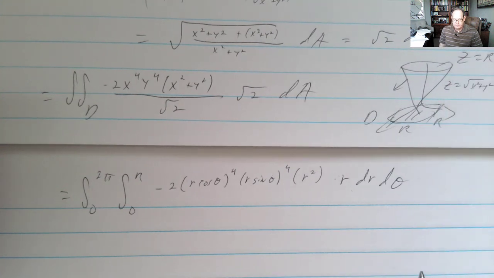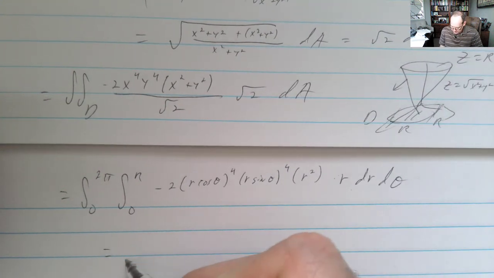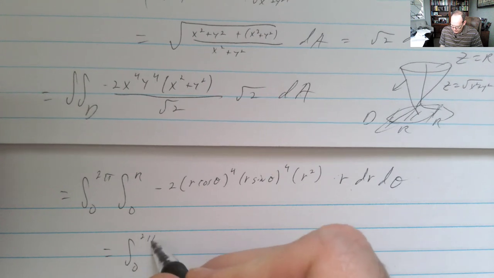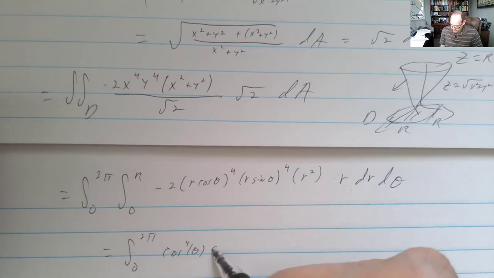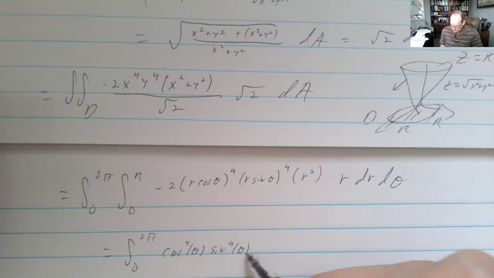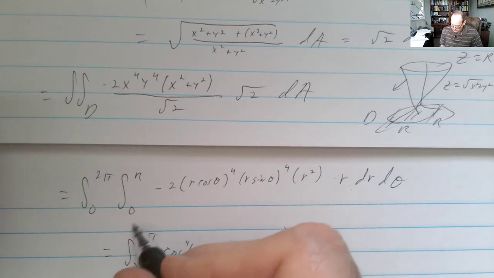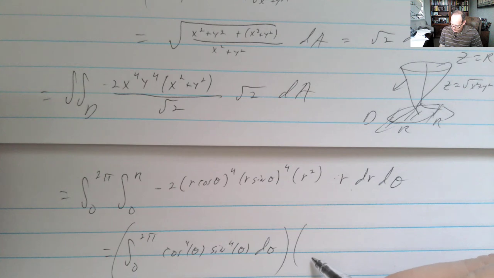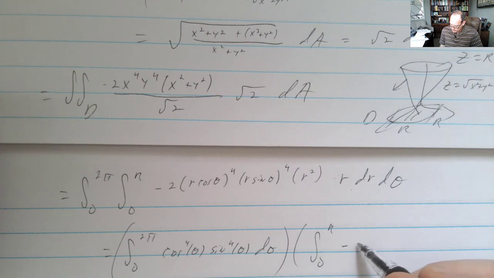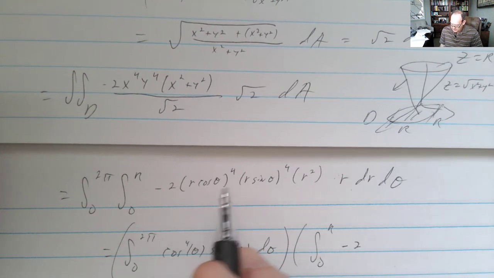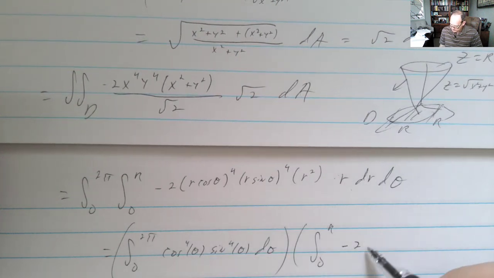And we can actually write this as a product, so this will equal the integral from 0 to 2 pi of cosine to the fourth sine to the fourth, and then this will be 0 to r. I've got the negative 2 somewhere. I'll keep it here, I guess. Negative 2 r to the 11.